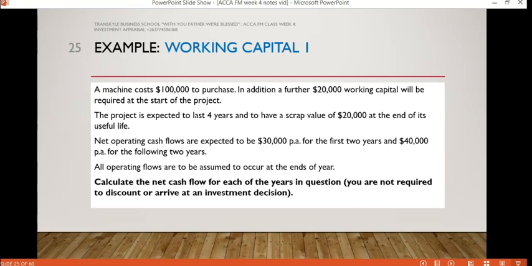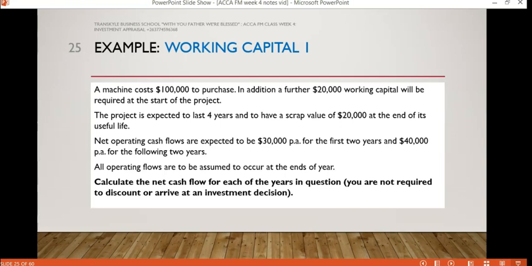You discover that it's not only about purchasing new machinery and then leaving it to the project. The project would need some liquid cash here and there to ensure that it is running smoothly. So in most projects, this cash requirement would be only at the start of the project, and then the project will run as it is.